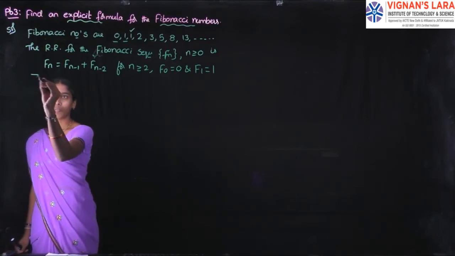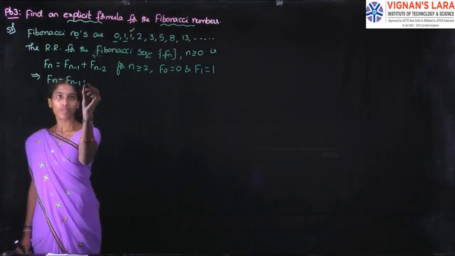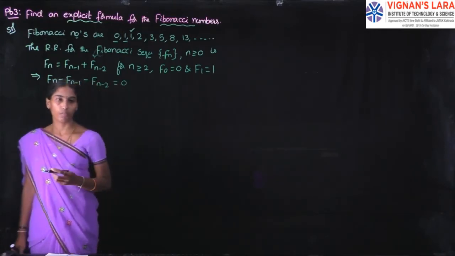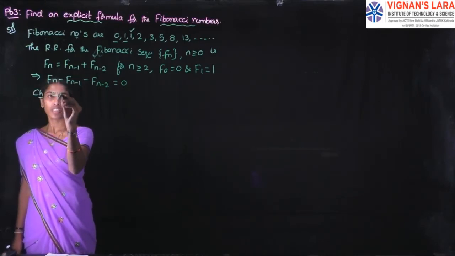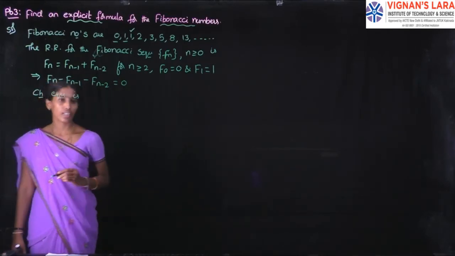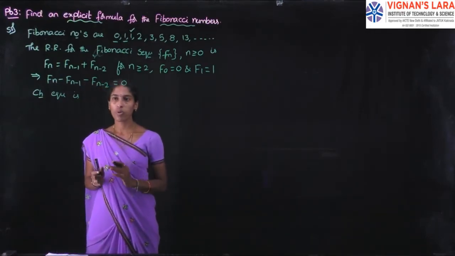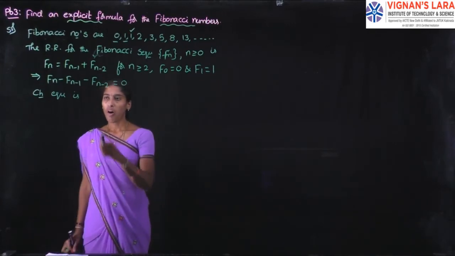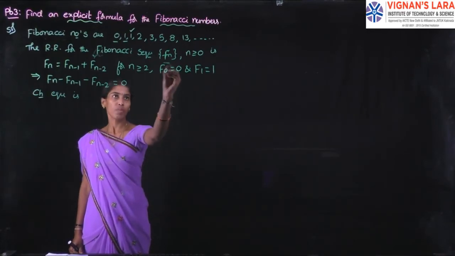So it can be written as Fn minus Fn minus 1 minus Fn minus 2 is equal to 0. How can we get the characteristic equation? First of all, we have to check whether the given recurrence relation is homogeneous or non-homogeneous. Homogeneous means all the terms consist of the sequence terms. Here the sequence term is Fn.